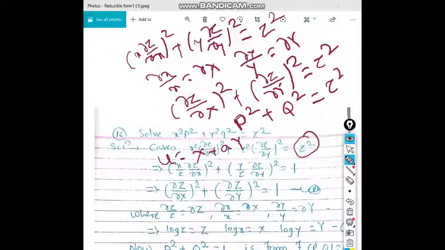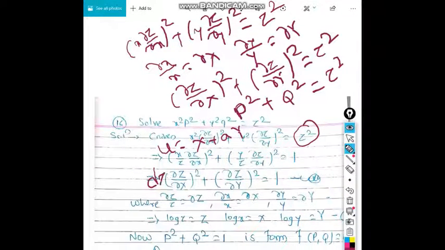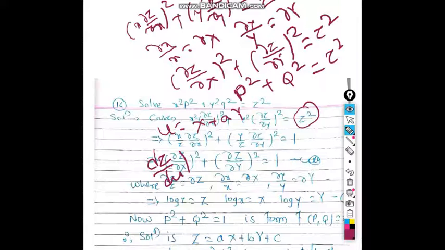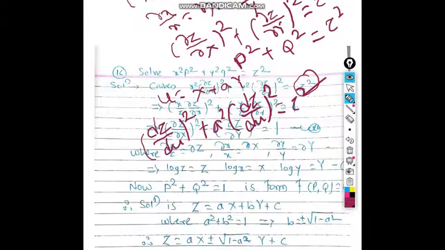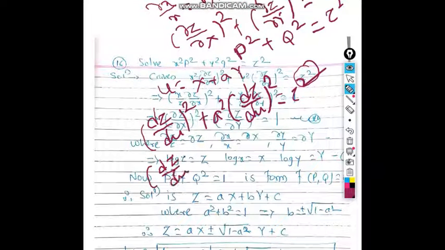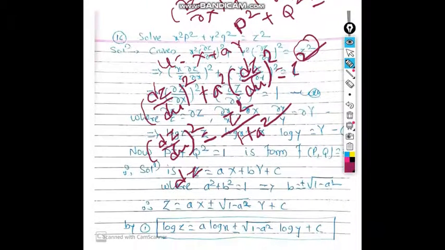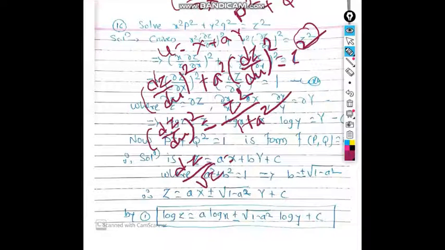Once we use the substitution, we get (dz/du) whole square plus a square (dz/du) whole square is equal to z square. So I will get (dz/du) whole square is equal to z square upon 1 plus a square. So dz by root z is equal to 1 by root of 1 plus a square du.